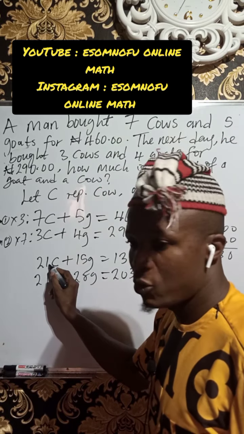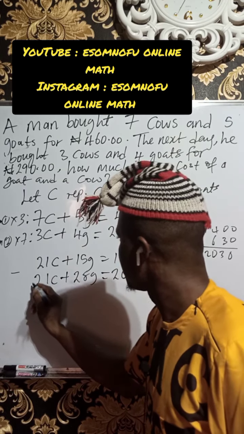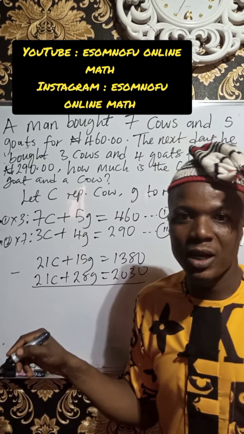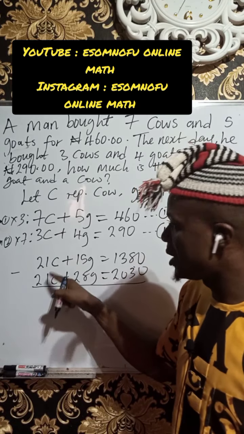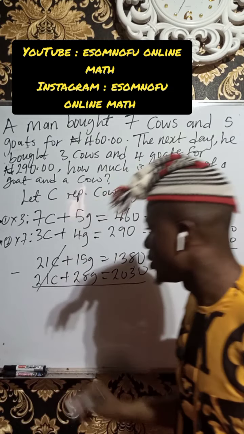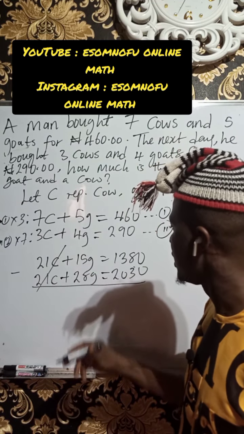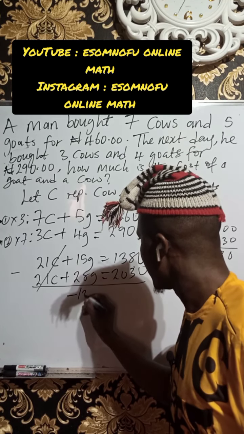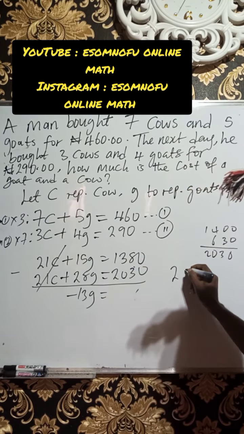Then this coefficient and this coefficient are equal, so you can subtract. That is why it is called elimination method. Find what you are going to do to one of the variables so that it will go away. So 21C minus 21C has gone, it has been eliminated. Then 15G minus 28G will give us minus 13G, and let's subtract 2030 minus 1380.